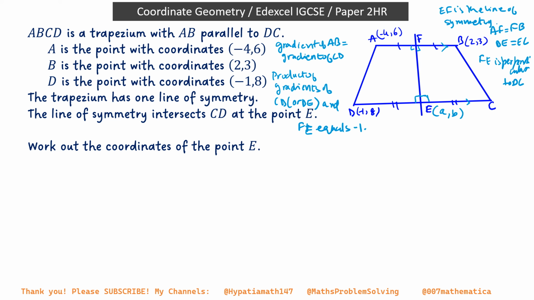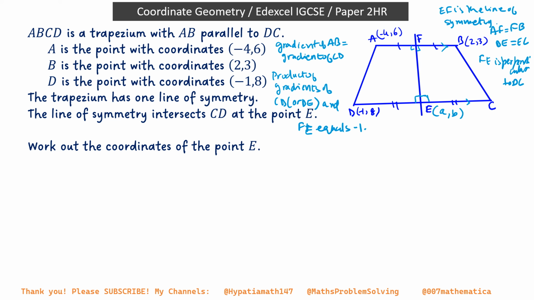So the product of gradients of CD or DE and FE equals -1 because they are perpendicular to each other, and the gradient of AB is equal to the gradient of CD. So using these two facts, we should be able to find out the coordinates of E. So we will find the gradient of AB.